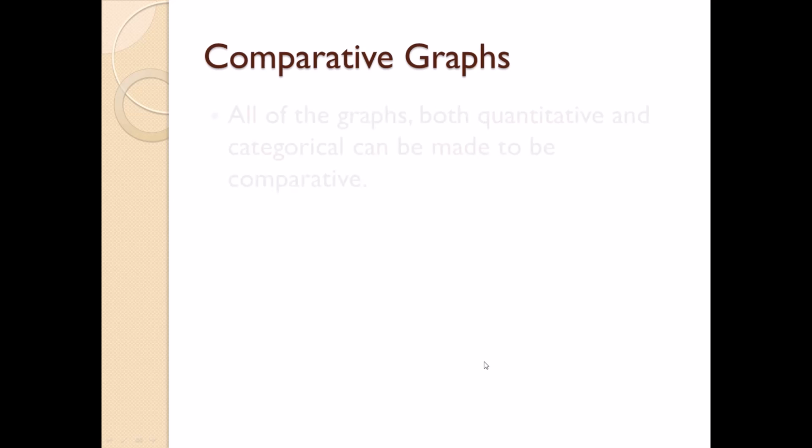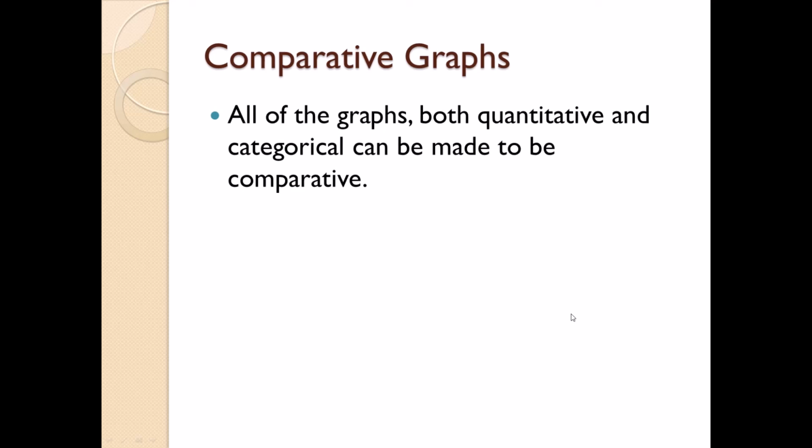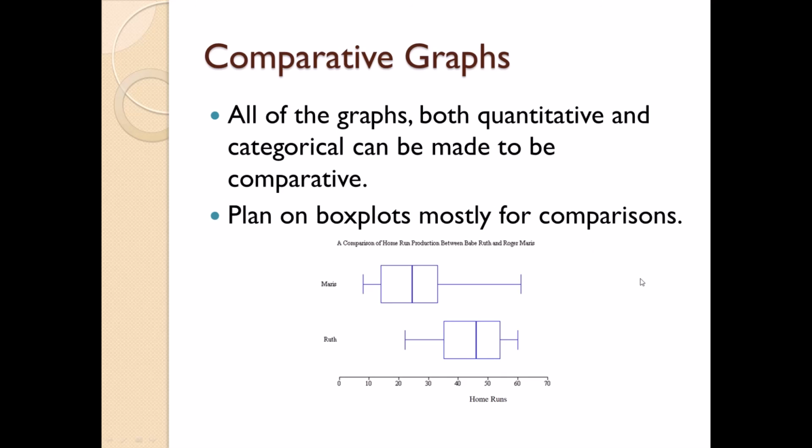All right, so your comparative graphs. Again, these are available for both quantitative or categorical data if you need to make comparisons. For quantitative, typically you see those more than categorical, and you will see an occasional side-by-side stem plot, but in general, your comparative graph of choice would be box plots, and we had this in our particular packet when we learned it. This was a comparison of home runs made by Babe Ruth and Roger Maris.